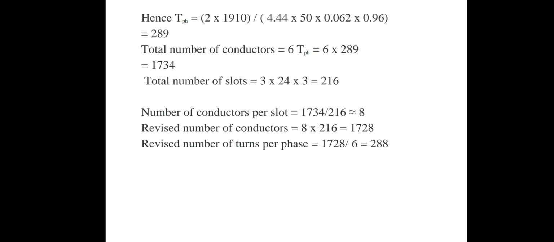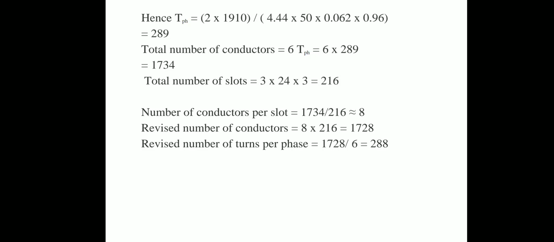Hence TPH is equal to 2 into 1910 divided by 4.44 into 50 into 0.062 into 0.96, which is equal to 289. Total number of conductors is equal to 6 TPH, which is 6 into 289, equal to 1734.